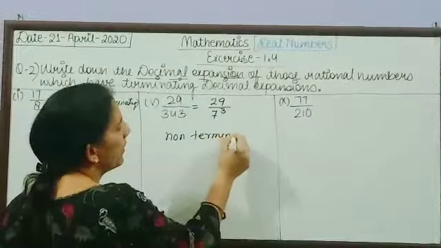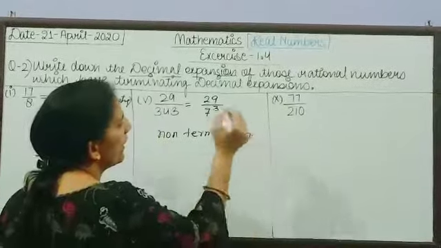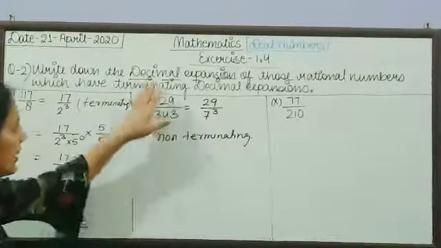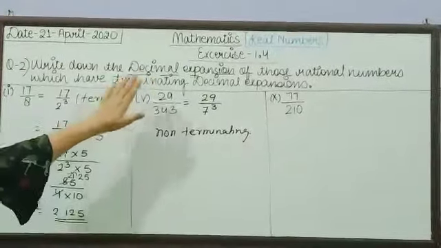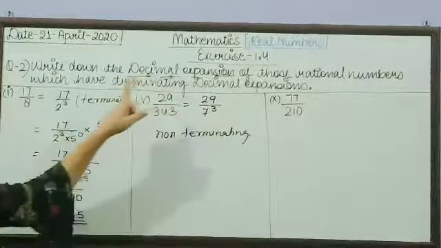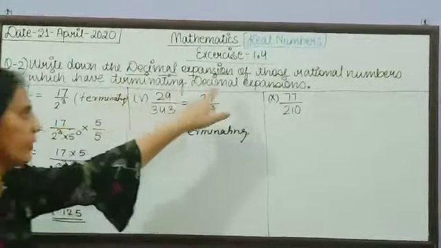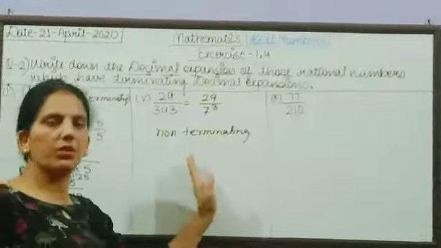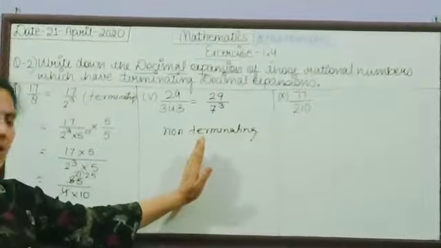Non-terminating. Therefore there is no need to find its decimal expansion, because they are saying that if the rational number is terminating, then you have to find its decimal expansion. So here there is no need to find the decimal expansion.